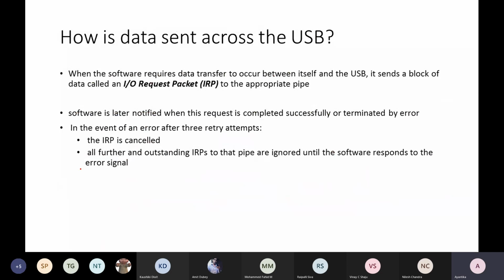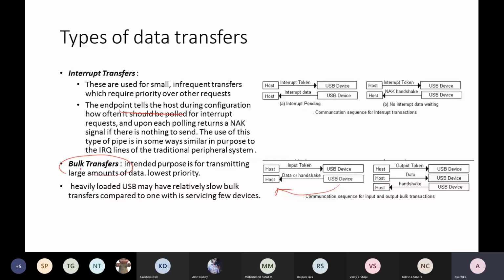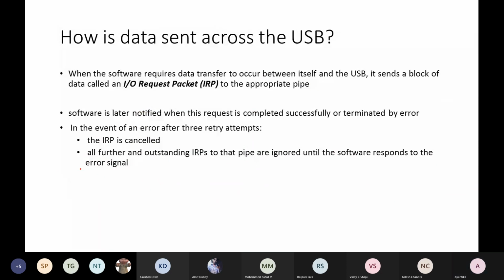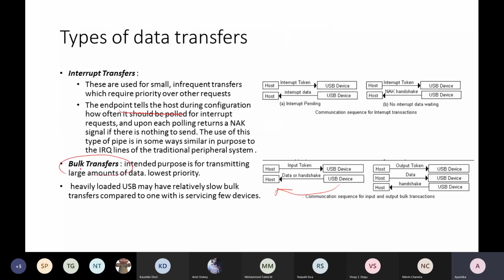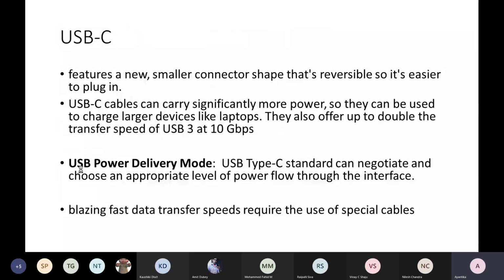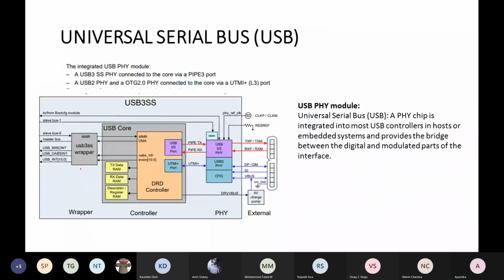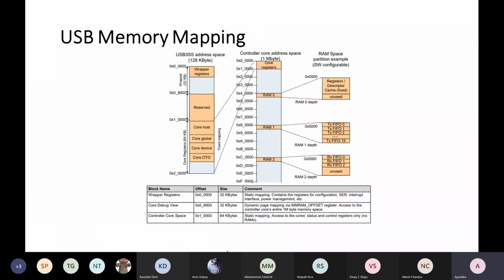Now, this is what type of data the USB pipe is allowing to transfer. The next question is how this data will be sent or received in USB. You remember last day we were looking into the USB memory part.